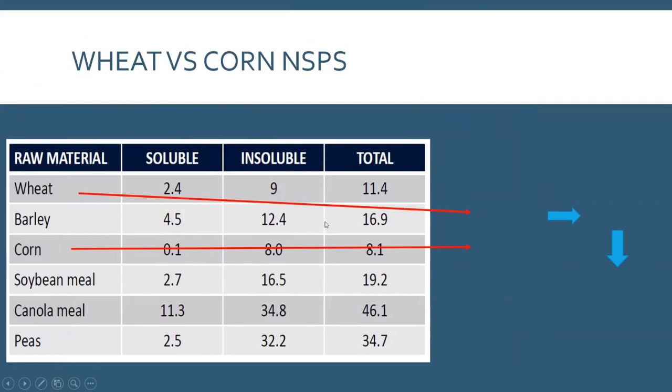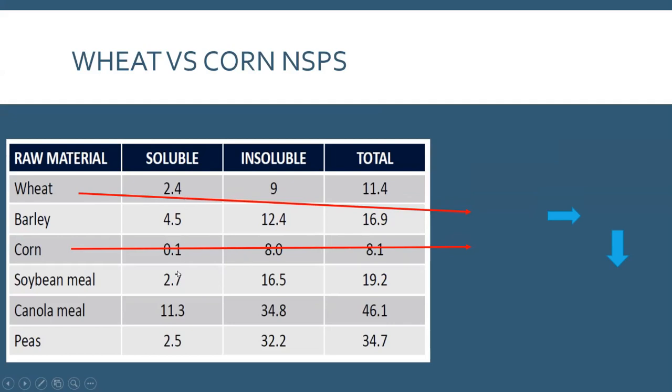Let's say wheat would have around 11.4% total NSPs, while corn has 8.1. But look at the soluble and insoluble component. Wheat has 2.4% soluble out of that 11.4 total NSPs, while corn has around 0.1.